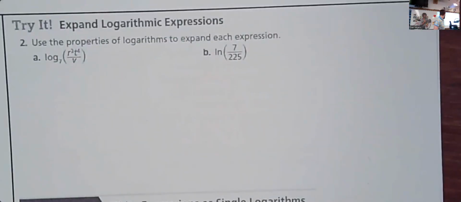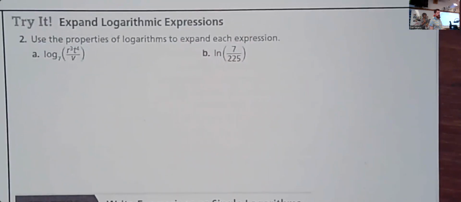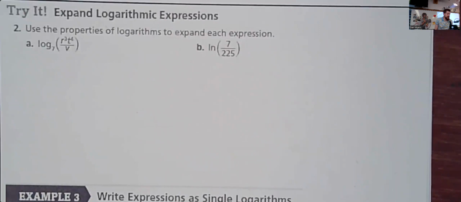We're going to try A together, and then I'm going to have you try B on your own. So here we go. Log base 7 of r cubed t to the 4th divided by v. So are we going to use the product property, the quotient property, or both? Both. Yeah.